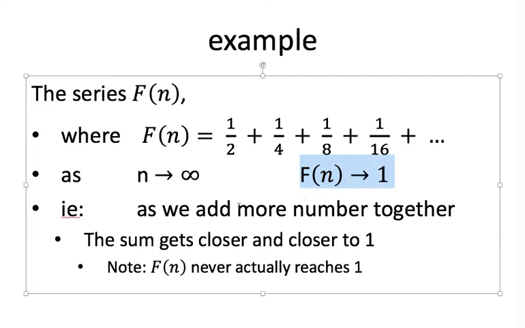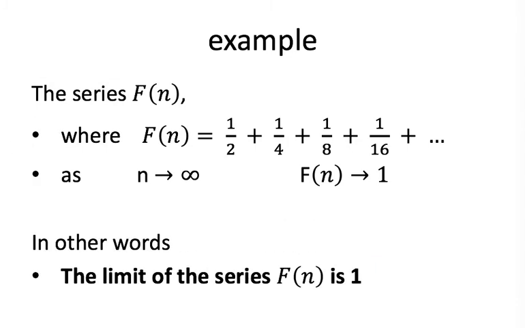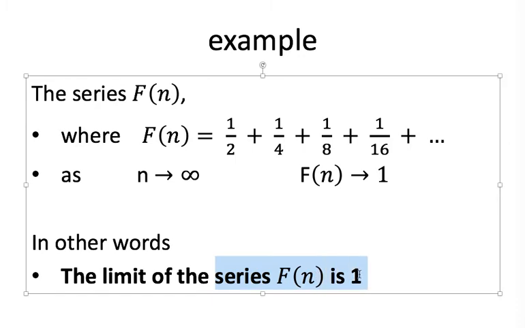Or as we keep on adding more and more numbers to this series, the sum is going to get closer and closer to the number 1. Just like in a sequence, this actually never reaches 1, but it does get closer and closer to it. So for this particular series, the limit of F of n is 1.